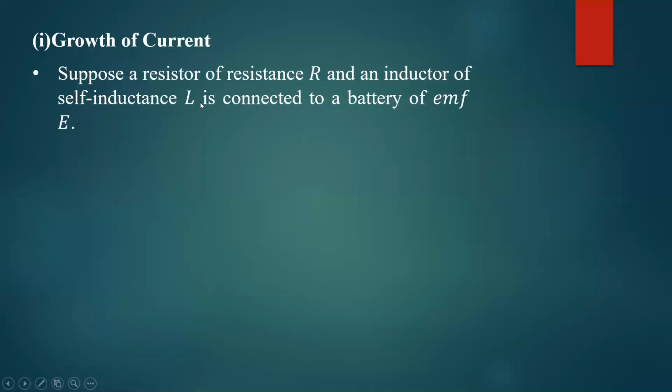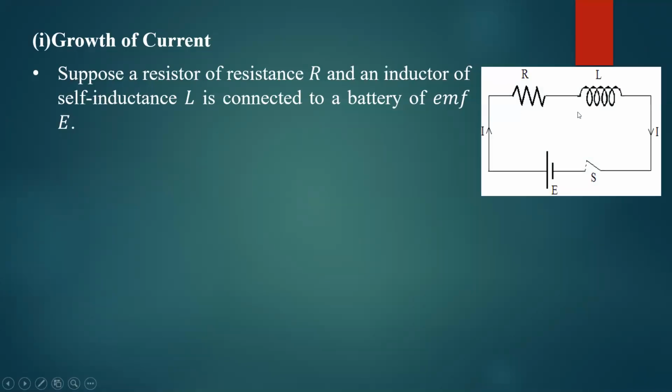The circuit we consider consists of a resistor of resistance R and an inductor of self-inductance L, which are connected to a battery of EMF E. This is the simple circuit we are going to consider.